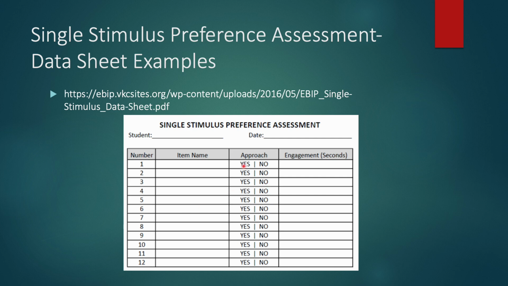You would write whether they approached the item, and then you would write exactly how long they spent with each item. This is going to help you to establish that ranking. You would use this duration to identify the order of preference for each of those items. I've also included a link here to the data sheet in case you want that resource in the future. Then you have it available to you.